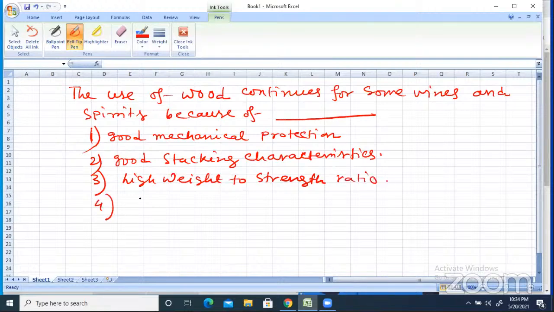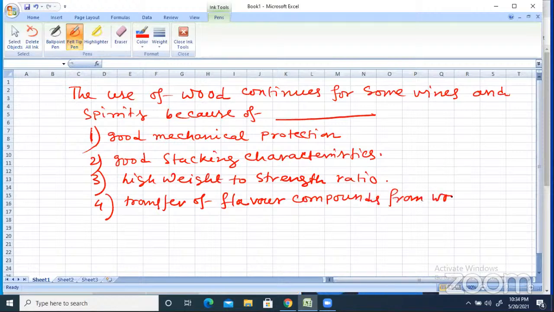Number four, transfer of flavor compounds from wood. Which one will be the correct? Why is wood actually used in case of wine or spirits for packaging?